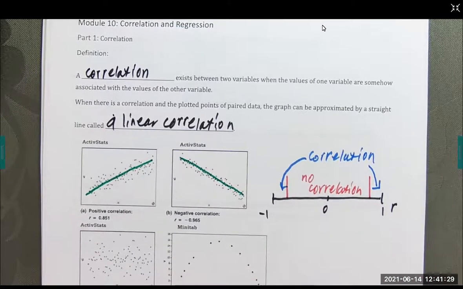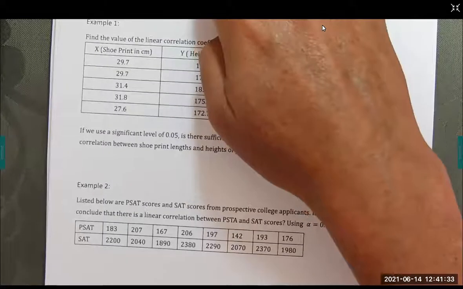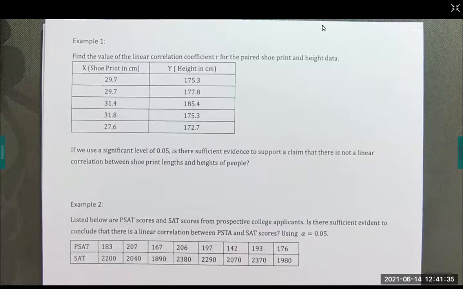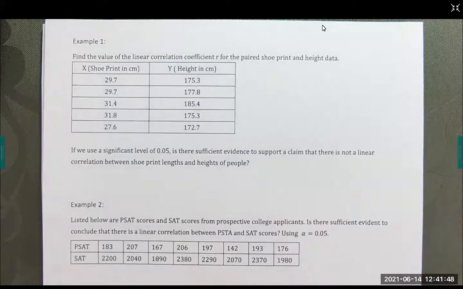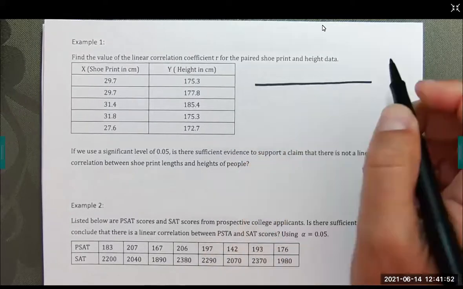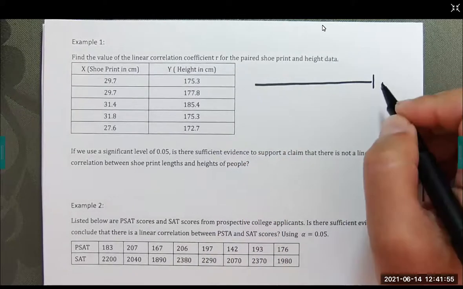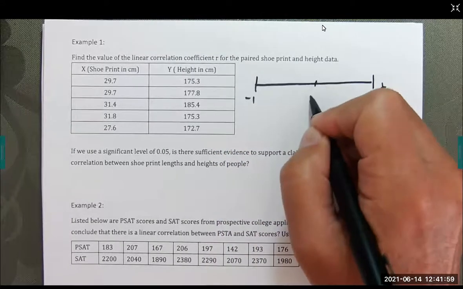All right, now let's go to our example. Here we are. We have shoe print size in centimeters, and height, also in centimeters. We want to know: is there a linear correlation? Before we run anything, this is R, from -1 to 1, with 0 in the middle, and we have to find our critical values.